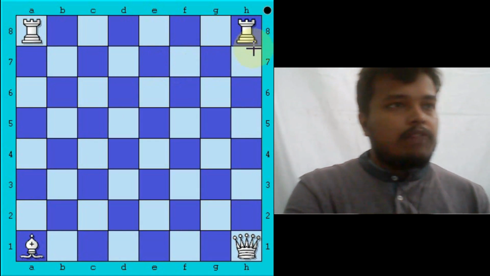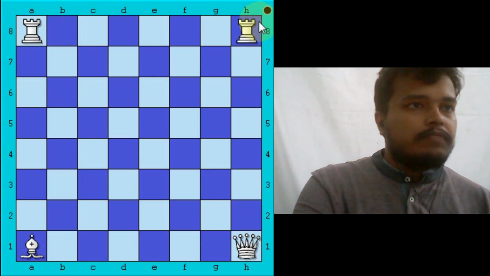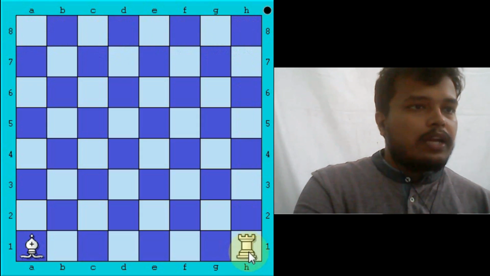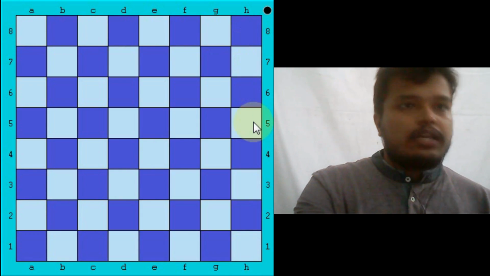So here you consider the possible attack counts on the a8 square, h8 square and h1 square, and the a1 square will be given above. If you consider the first 3, they are a bit easy.